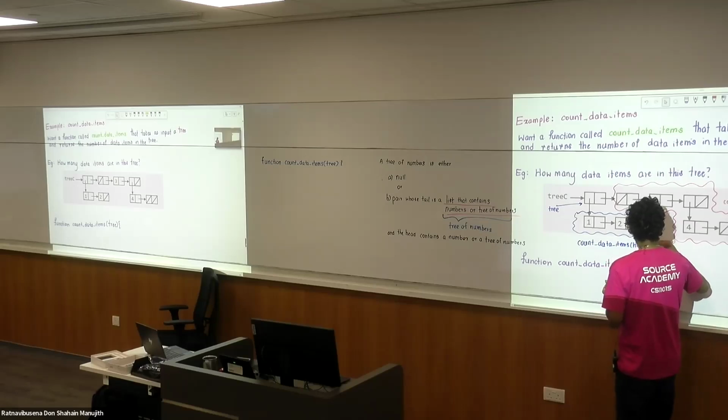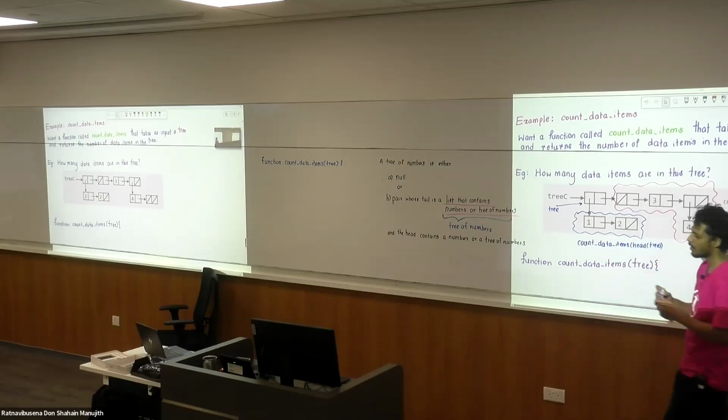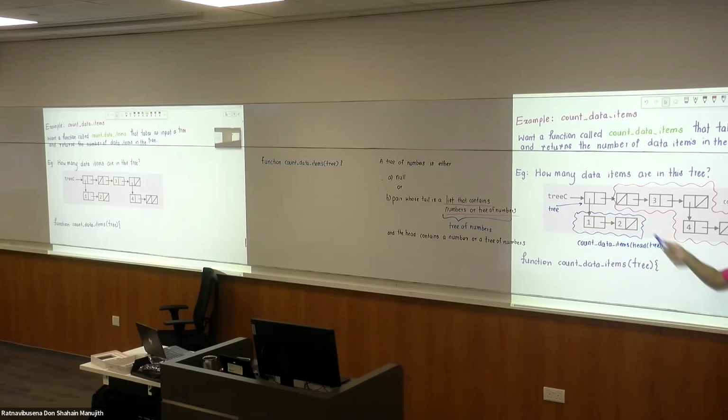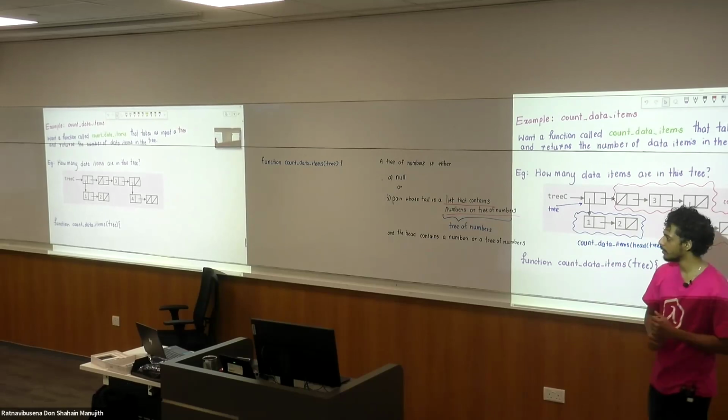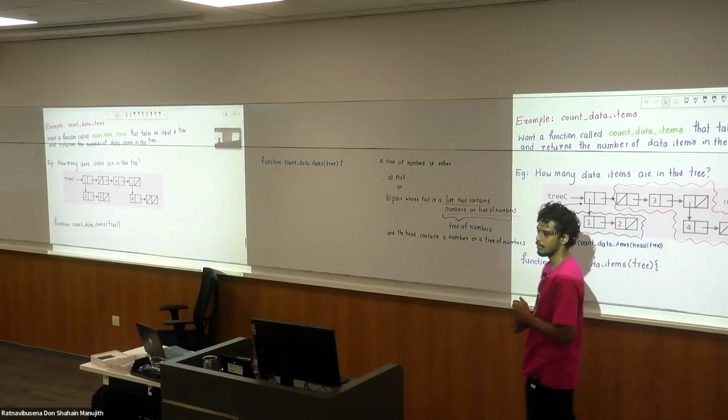Now, one small edge case. Is the head of this pair always a tree of numbers? No. If it's a number, then should we do this? No, then we should just add one. Is that clear to everyone? Okay.